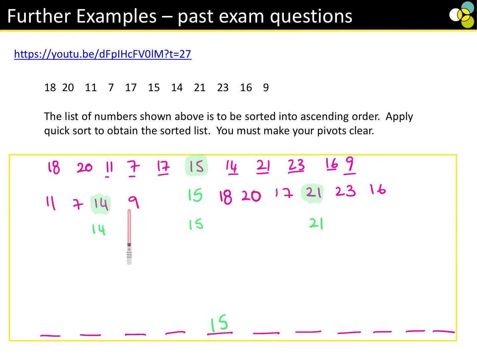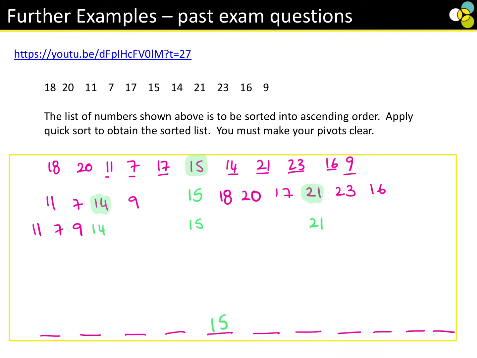So just on this, anything less than 14 goes on this side. So 11 is, 7 is, and 9 is. Brilliant. Nothing is in between, so that's fine now. 18, 20, 17, 23, and 16.